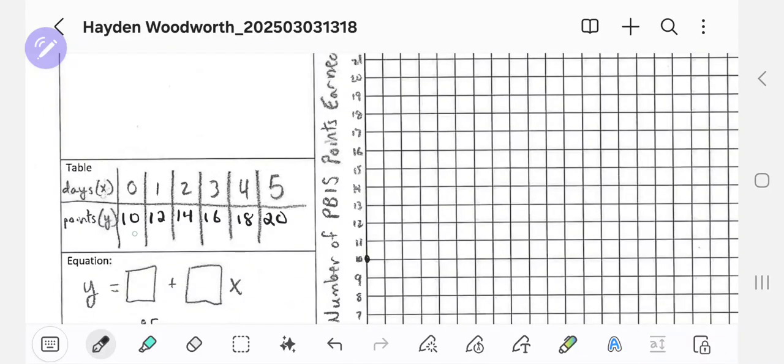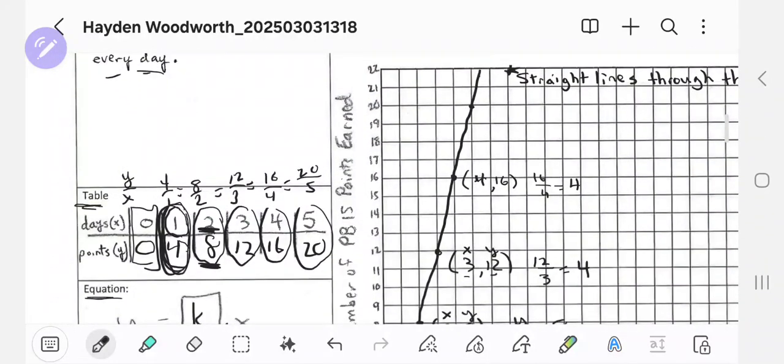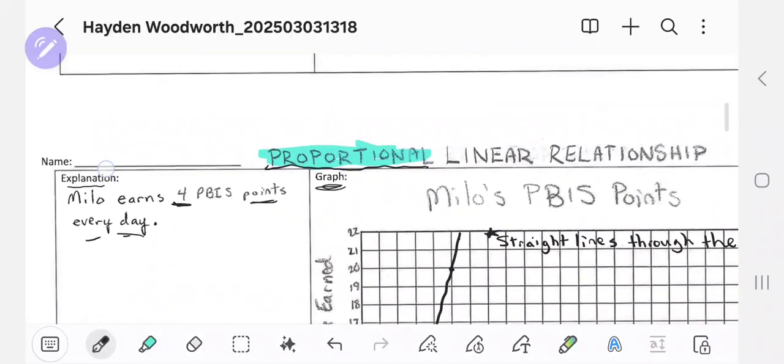One thing I see that's similar is it did go up by 2, a consistent number, and this went up by 1s, right? So it went up by 2 for every 1 we increased there. Here, does it have that same kind of pattern? Well, it went up by 4, the same number each time, and 1 each time. So that's a similarity. They go up by a consistent rate.